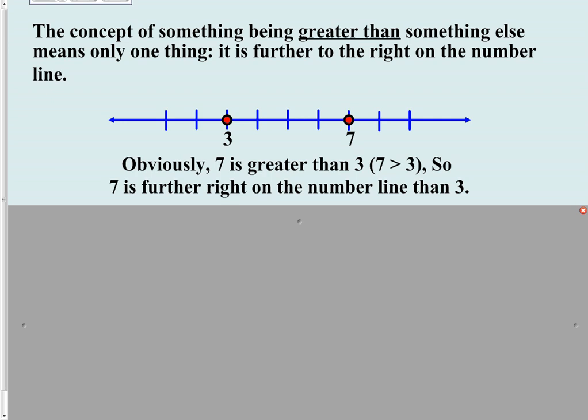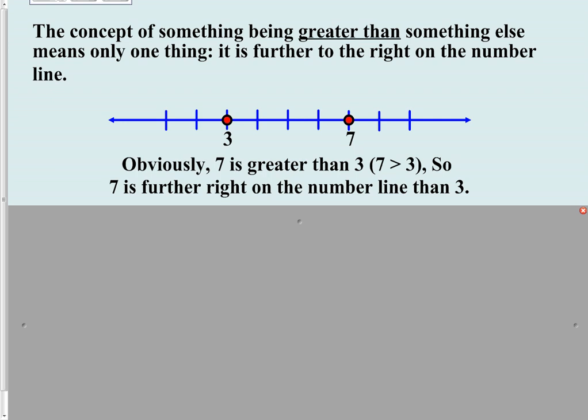I can very clearly say, and everybody knows for a fact, that 7 is greater than 3. There's the little symbolic notation, the little alligator mouth, or however your junior high teachers taught you to learn it. The bigger side of the symbol points towards the bigger value. The smaller side points towards the smaller side.